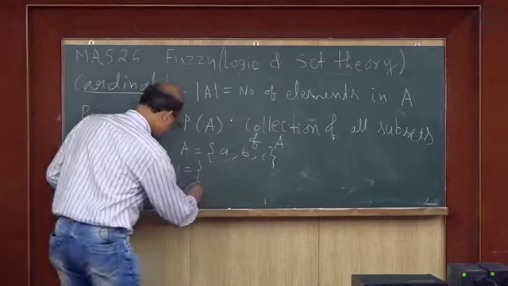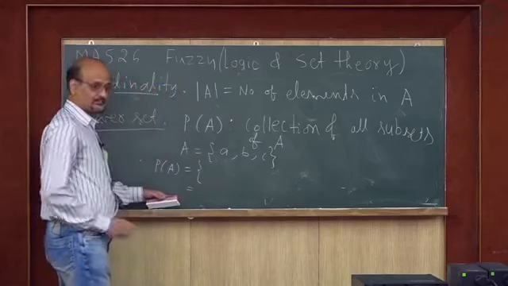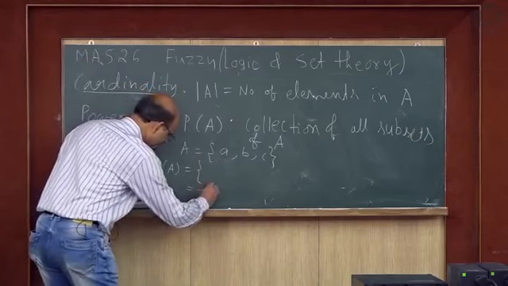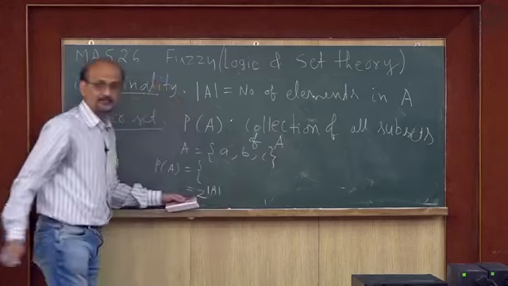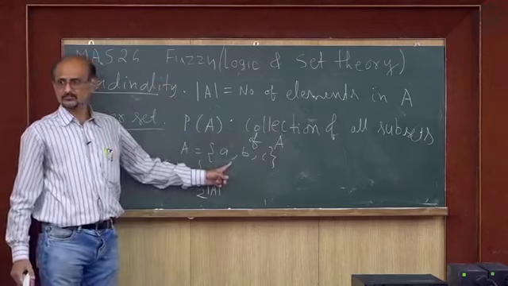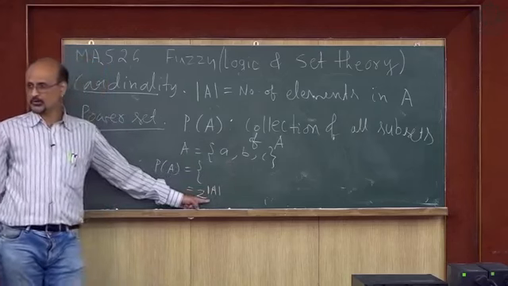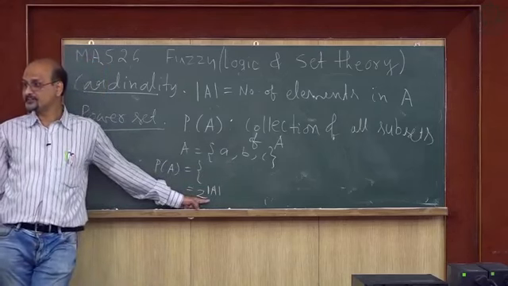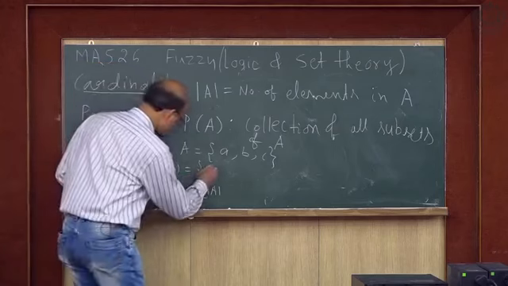So, this is actually 2 to the power cardinality of A. Cardinality of A is 3, so it should be 2 cubed, that means 8. So, what are those?